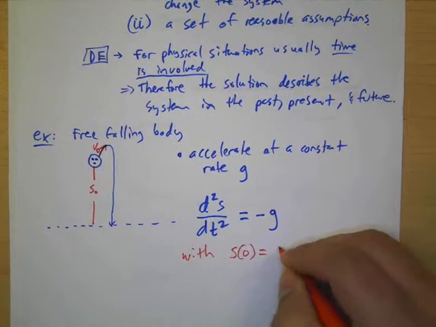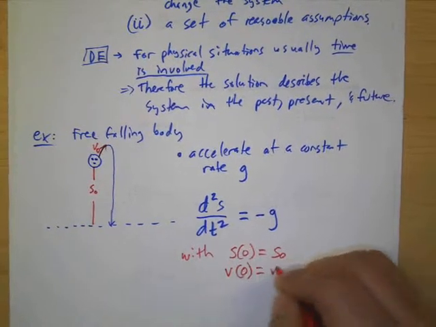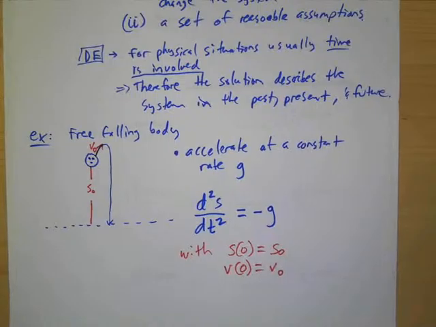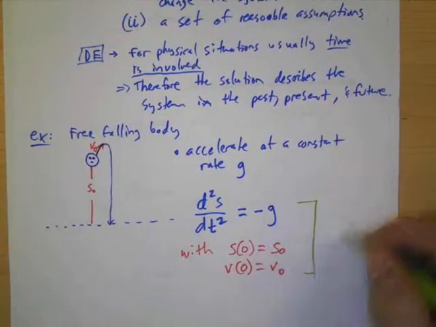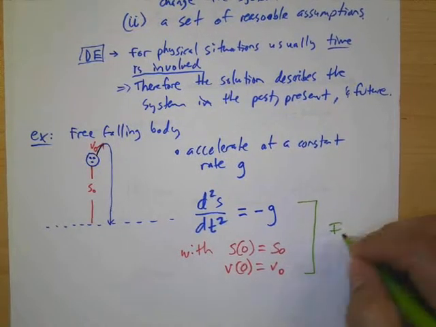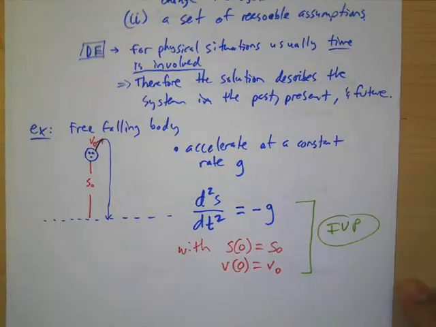Initial height, s naught, and initial velocity, v naught. And again, this equation, along with the set of initial conditions, is called an IVP, an initial value problem. Okay, I think we mentioned that earlier, but just to make sure that we got that.